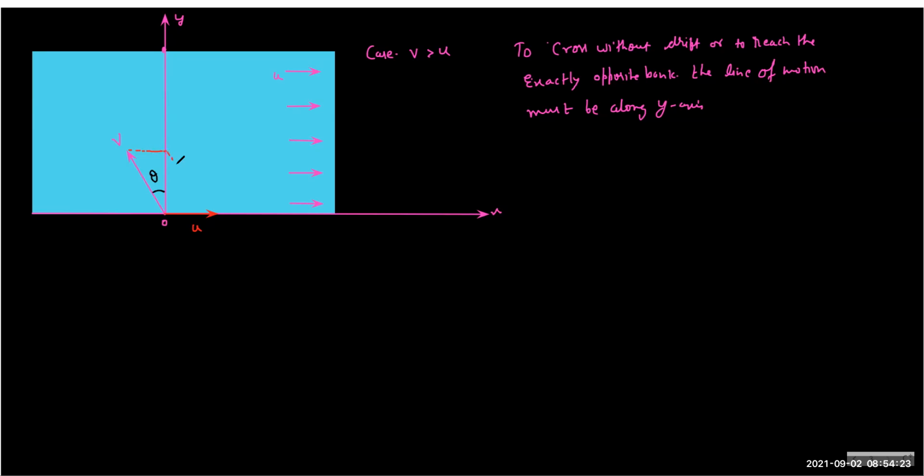Then only can you exactly reach the opposite bank. So the rule is, if you know where you want to land exactly, then the resultant velocity must be in that direction. The rule is simple.